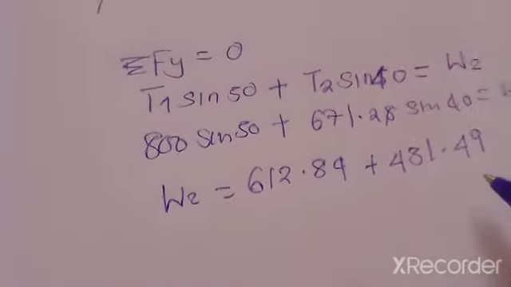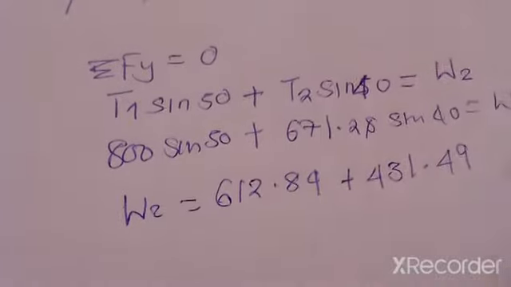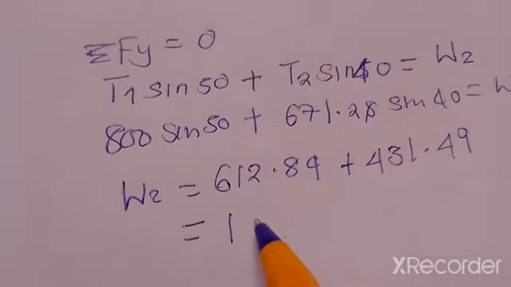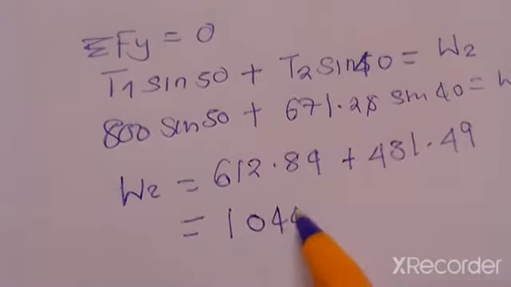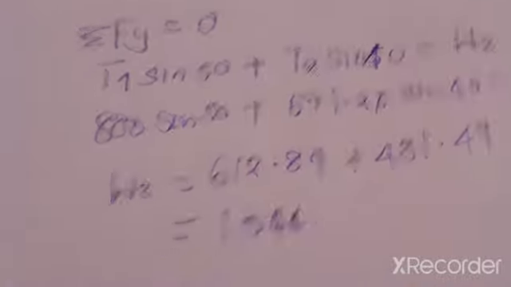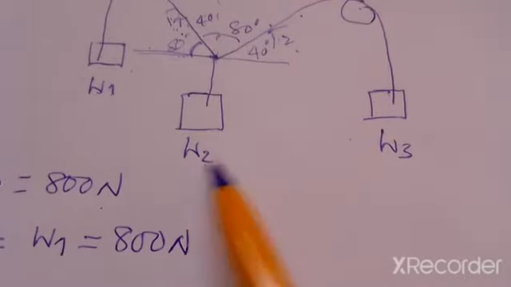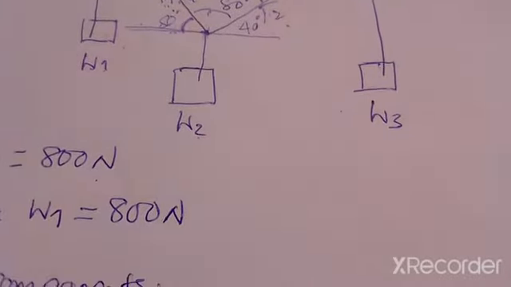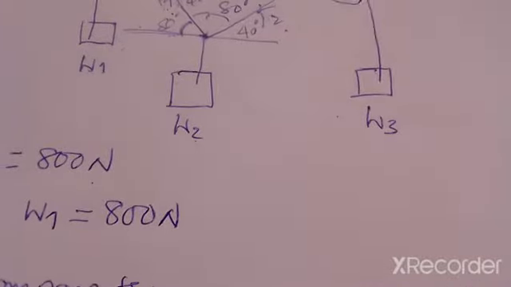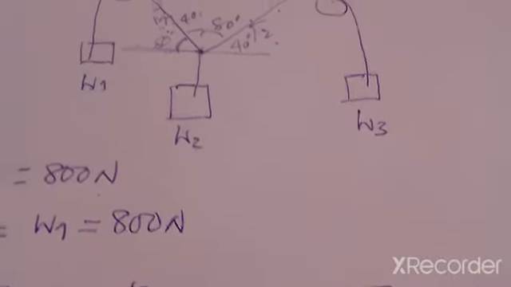Once you add this, you're going to end up with 1044. This is W2, and W2 is what we have in our drawing. W2 is here. So we found W2, but the question has asked us to find W2 and W3.